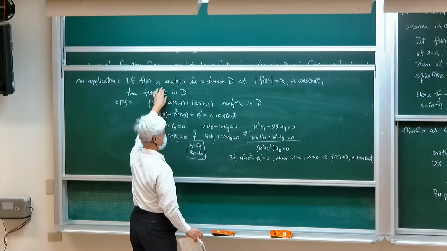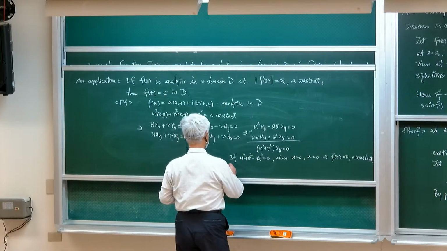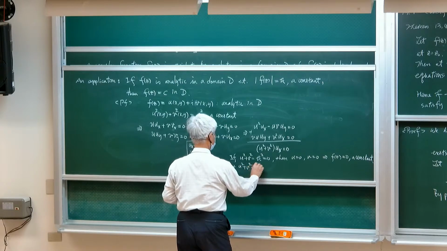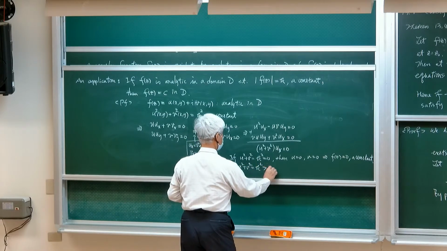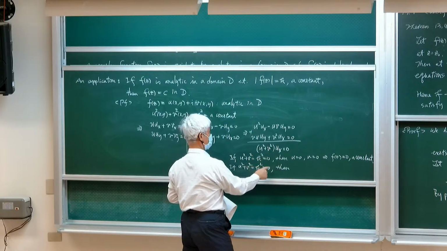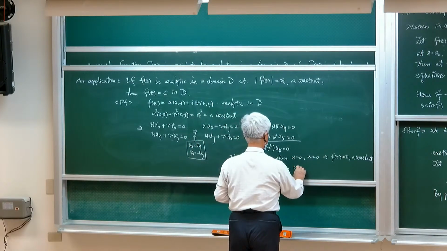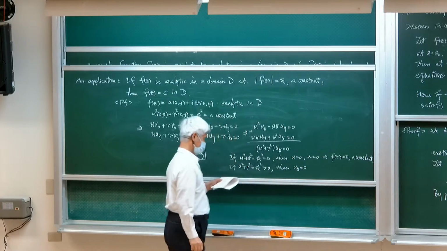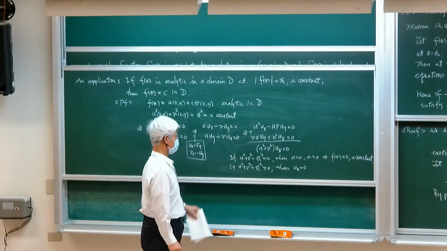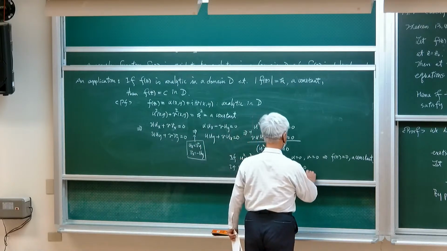So c is 0. Now if u squared plus v squared equal to k squared is greater than 0, so this is not 0, then u_x is equal to 0. So we have shown u_x is 0.